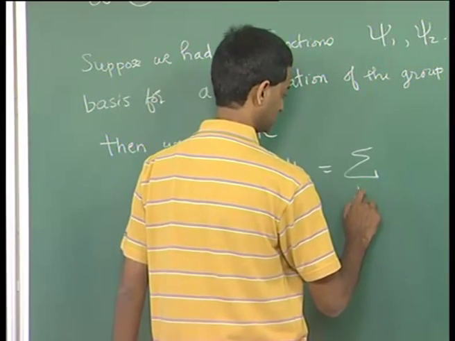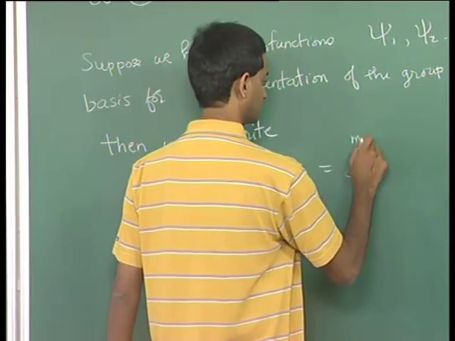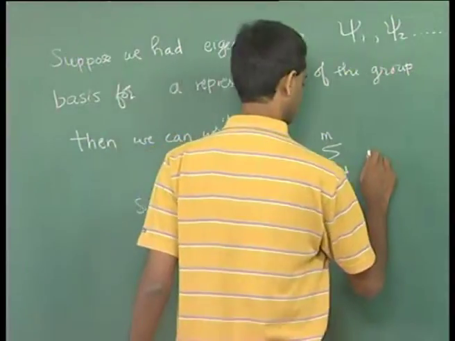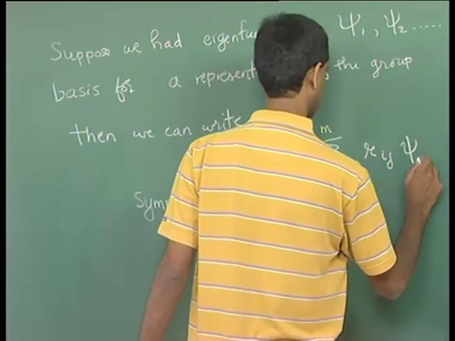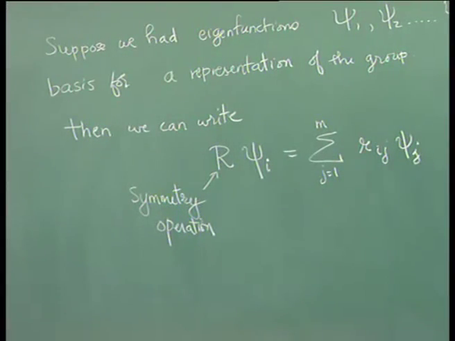So, sum over j from 1 to m of R ij psi j. I can write it in this form.